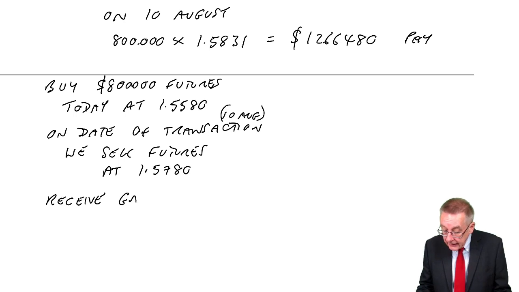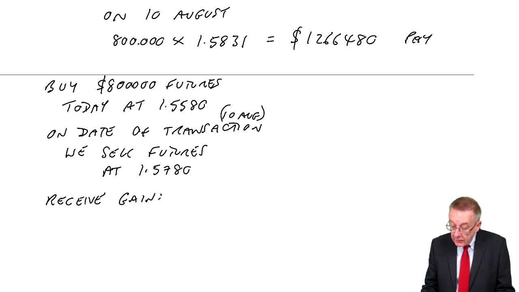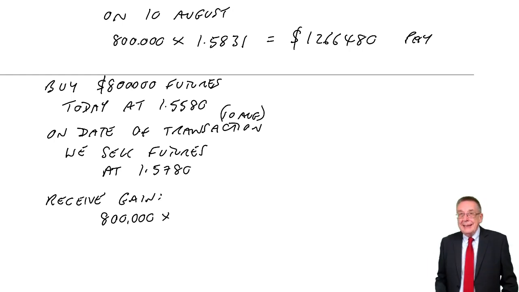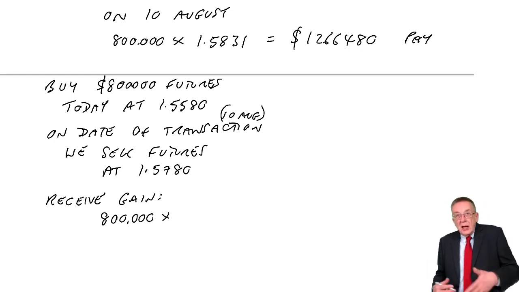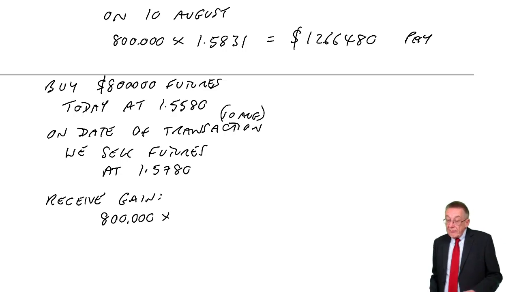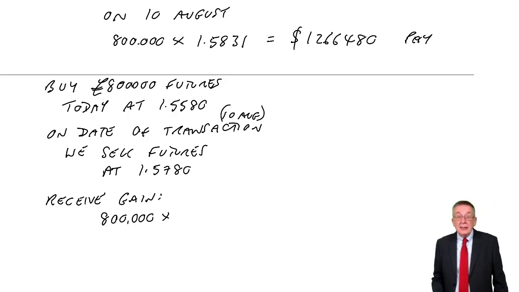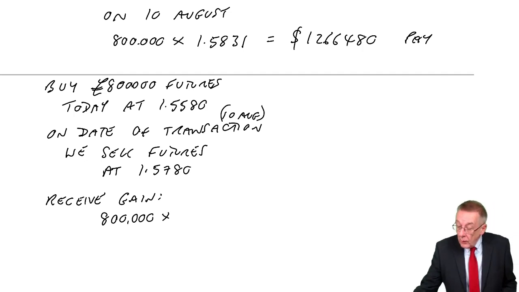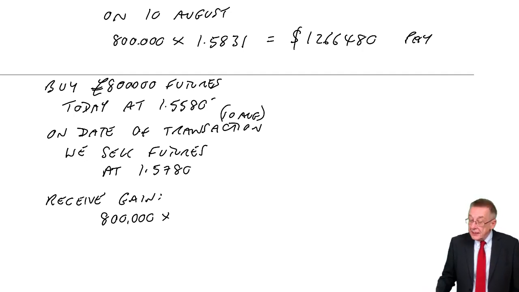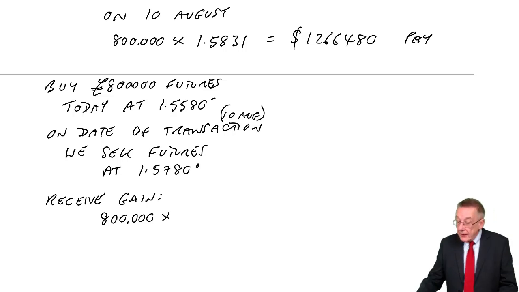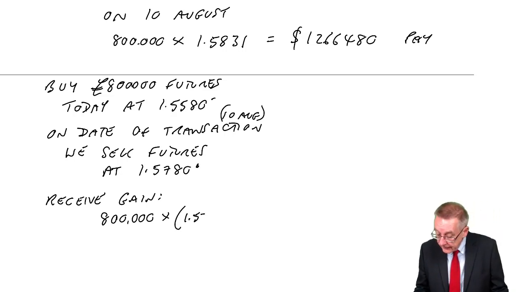What was it? It was £800,000 worth of futures. I do beg your pardon, it was £800,000 we needed to pay. And the dollar value, when I bought, was 1.558. The dollar value has gone up to 1.578. The profit is the difference.